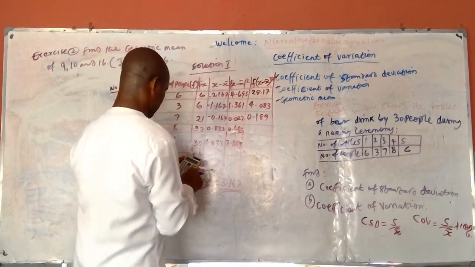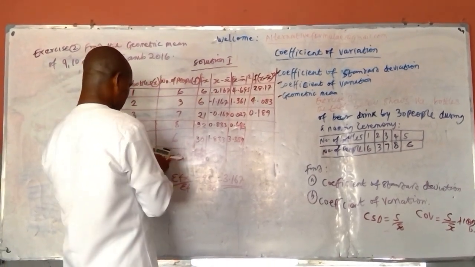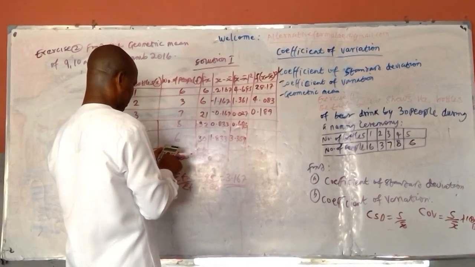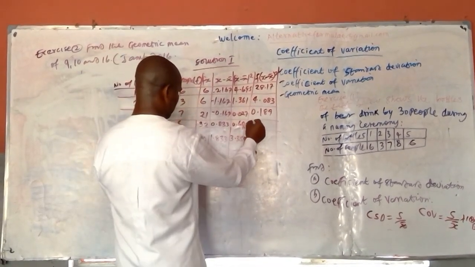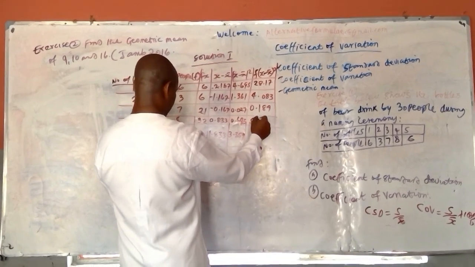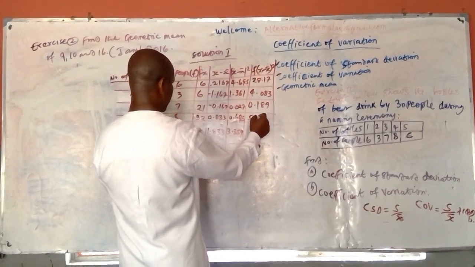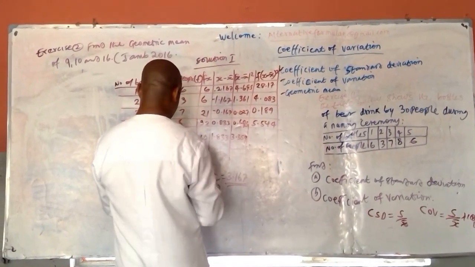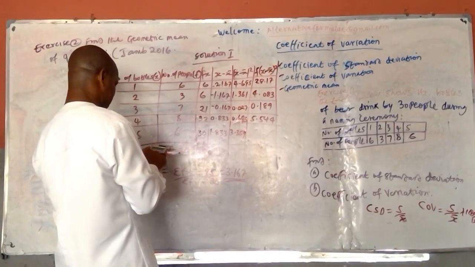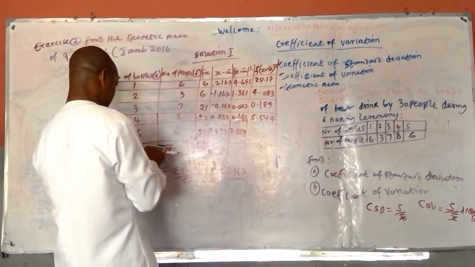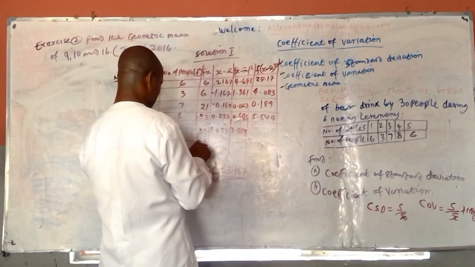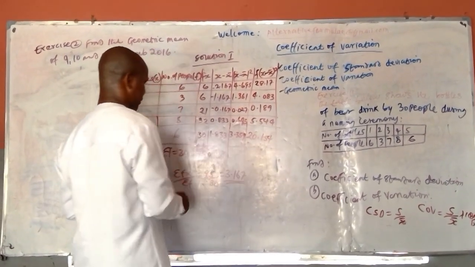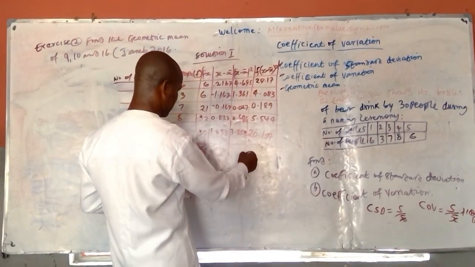Up to this point, we are going to the end. 8 times 0.693 gives 5.544. The last one, 6 times 3.359, you have 20.154.